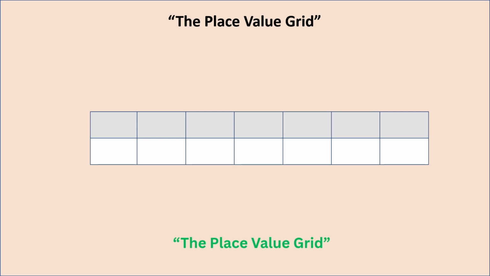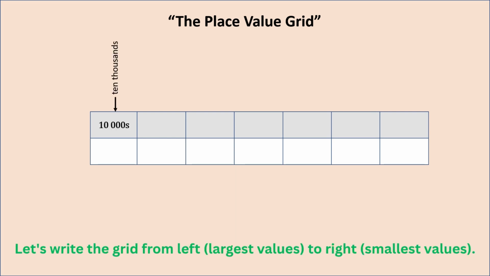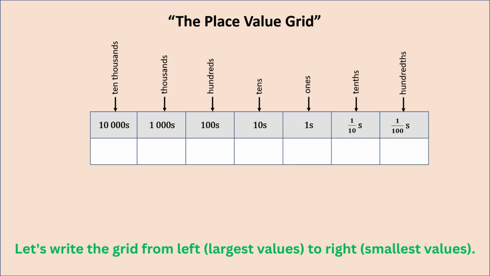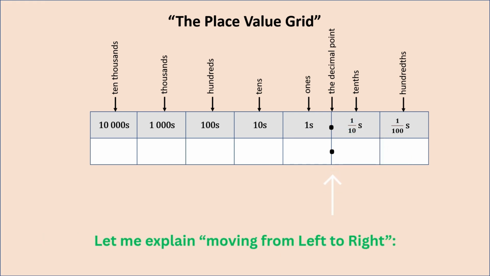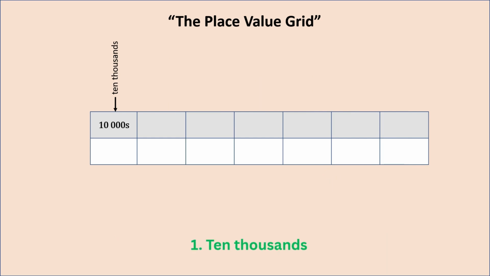The place value grid. Let's write the grid from left, largest values, to right, smallest values. The decimal point, which is between ones and tenths, is the central reference point. Let me explain, moving from left to right. One, 10,000s.